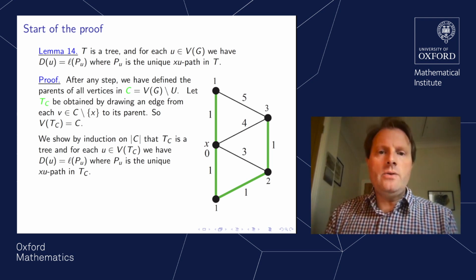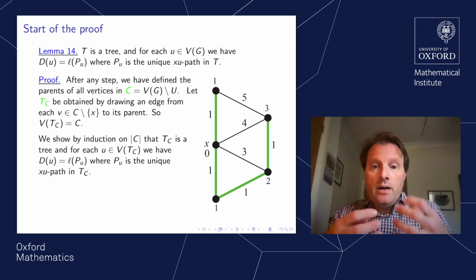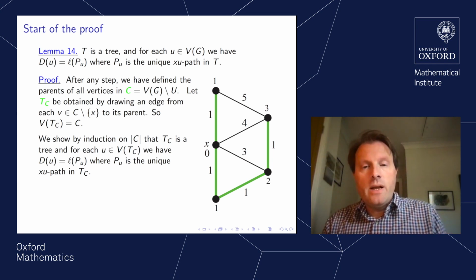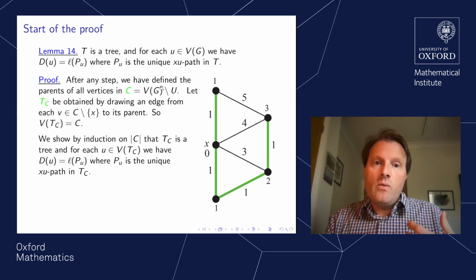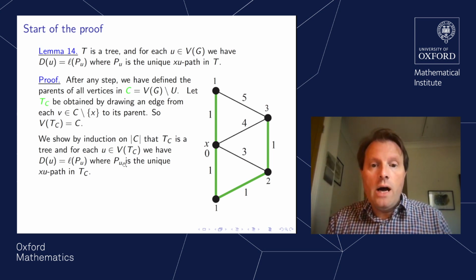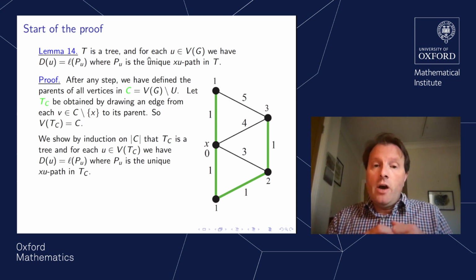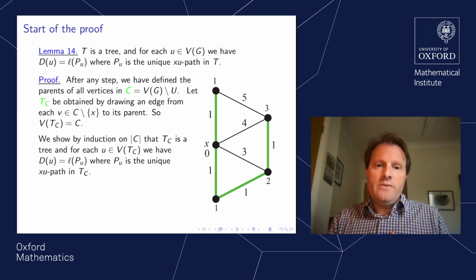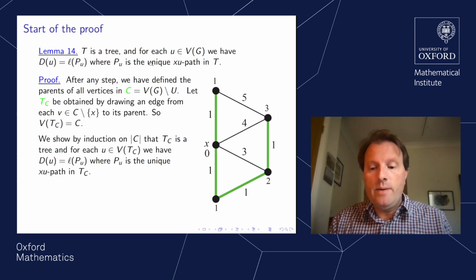So that'll clearly do the job. The way this is working is we're building up our T one edge at a time, and as we're going along, we're proving what we need to for just the vertices in C. By the time the process is finished and C is everything, we'll have proved our lemma.